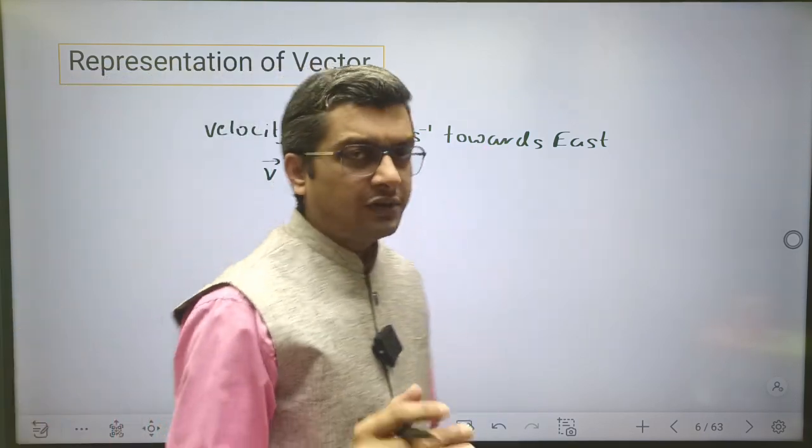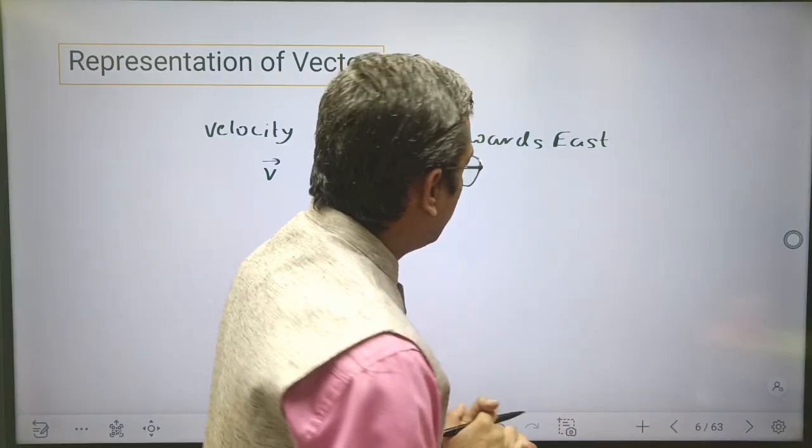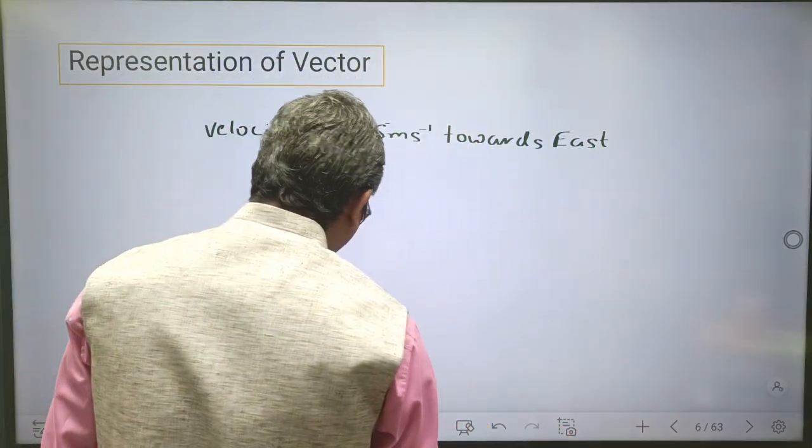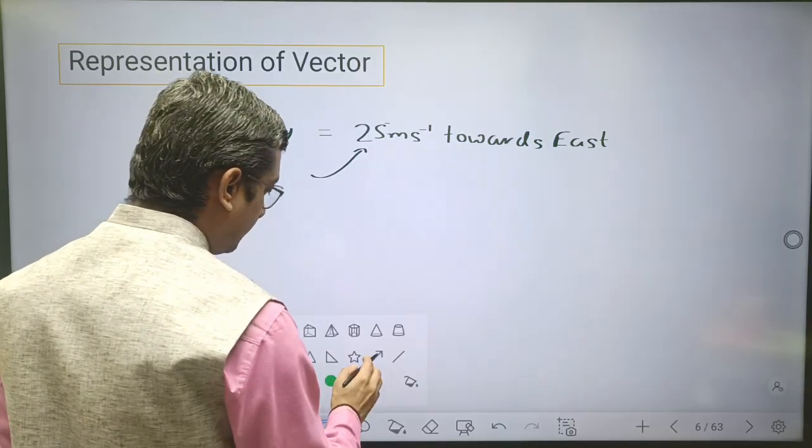Now this is represented in the form of a sentence. How can you represent it diagrammatically? So in a diagram, we use an arrow to represent it.